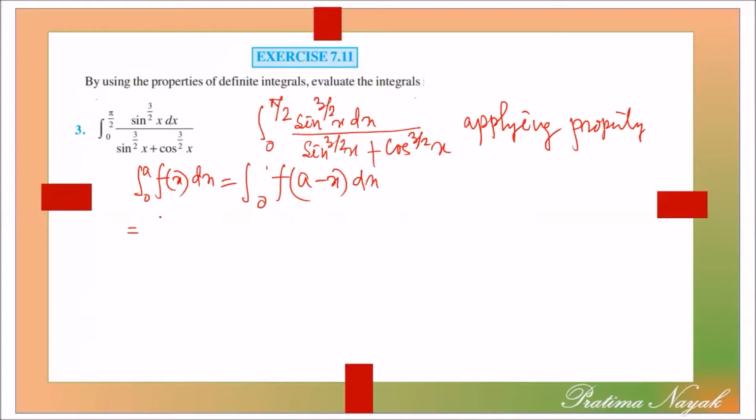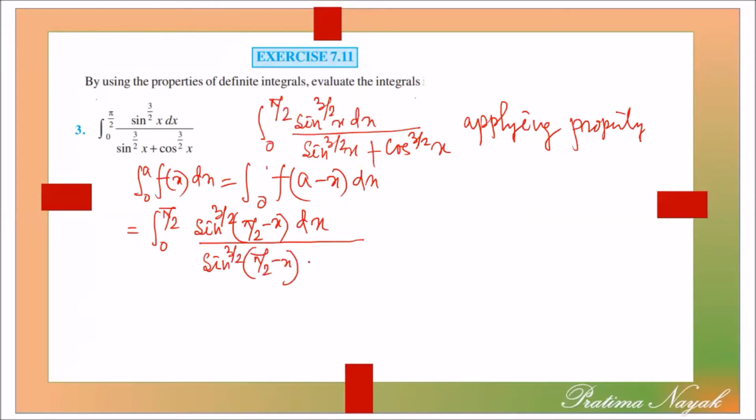So you will get 0 to pi by 2, and this will be sine. Don't directly write your cos. Write this expression, otherwise you will lose marks in the board exam. It will be sine to the power 3 by 2 of pi by 2 minus x plus cos to the power 3 by 2 of pi by 2 minus x.